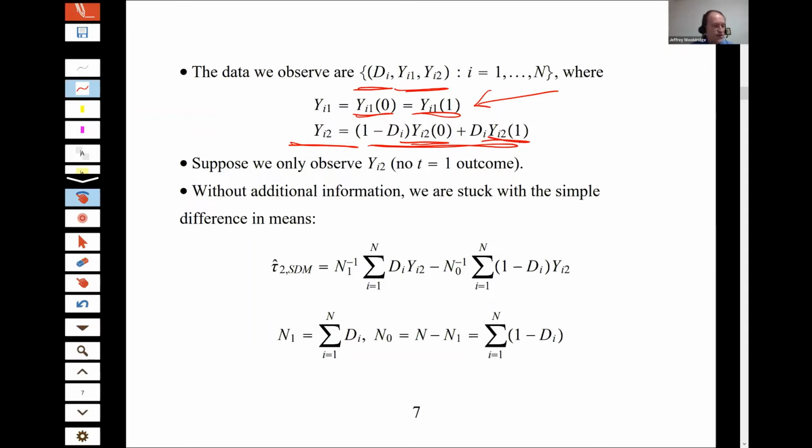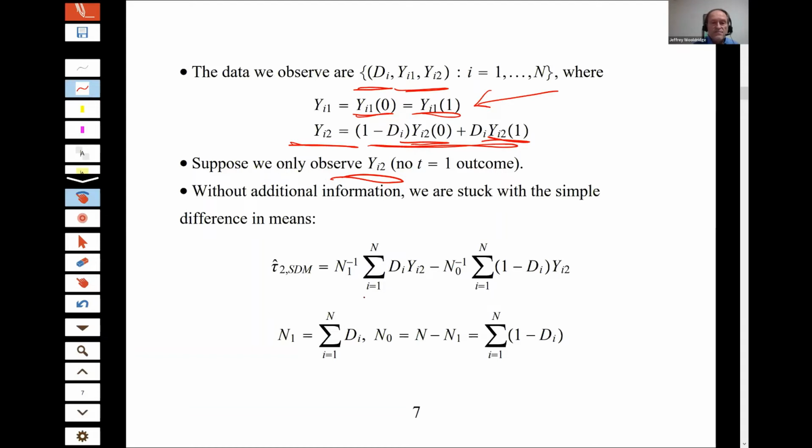Okay, now just to remind you why having the two time periods is such a powerful thing. And that's because if we suppose we didn't have the initial time period, so we only observed the outcome in time period 2, and we don't have any covariates or control variables, what we would be stuck with is using the basic difference in means estimator, right, that we learn and teach in basic statistics.